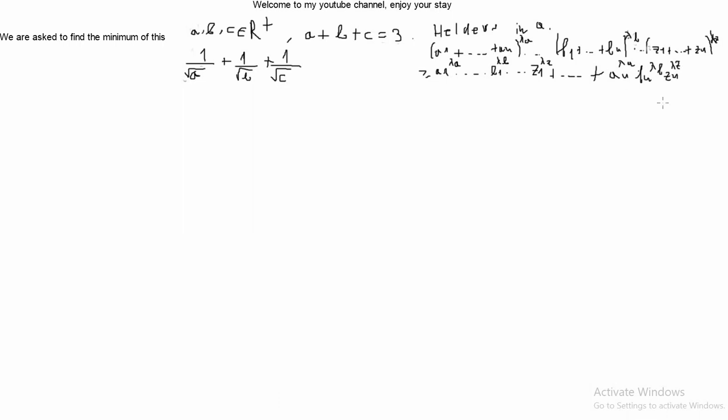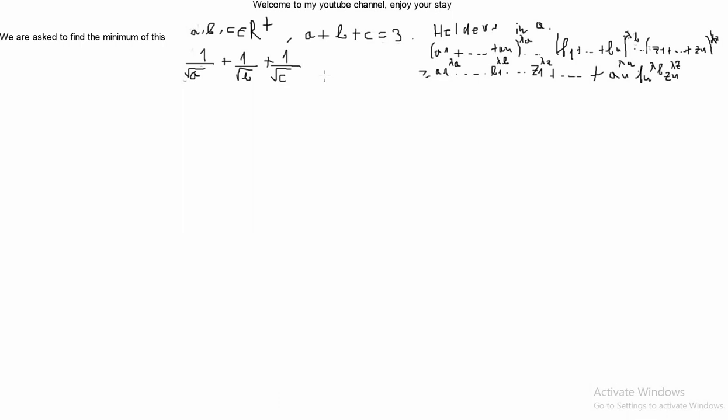This is what we have for this inequality. So the sum of some numbers multiplied by the sum, each to a degree, is greater or equal than the terms multiplied by one another, like a1, b1, z1, etc., all raised to the power of the parentheses. So how can we use this in this example?